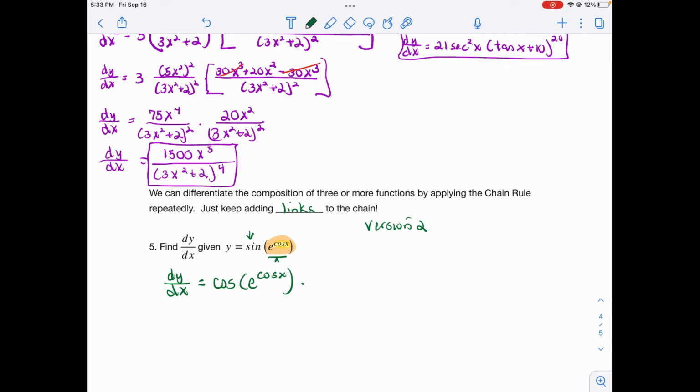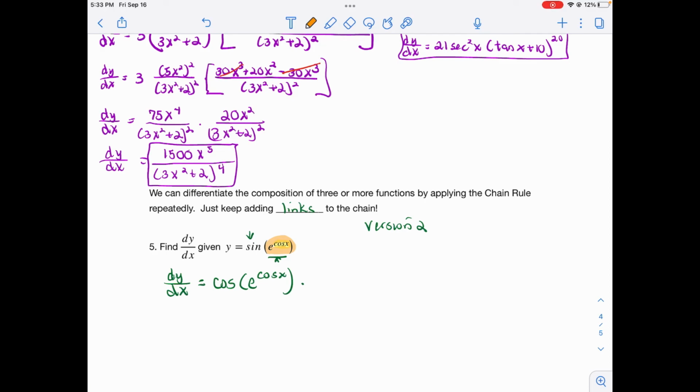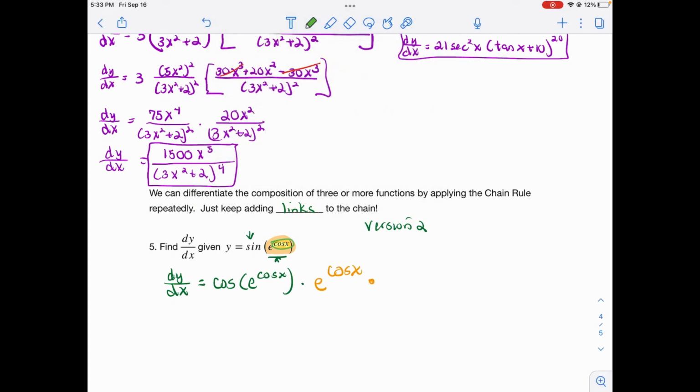Well, start with the outer part of it, which is the e, the exponential. And remember, the derivative of an exponential is simply itself. Then I got to times it by its inside function, and the derivative of cosine of x is negative sine of x. And that's adding 3 links to our chain rule here.